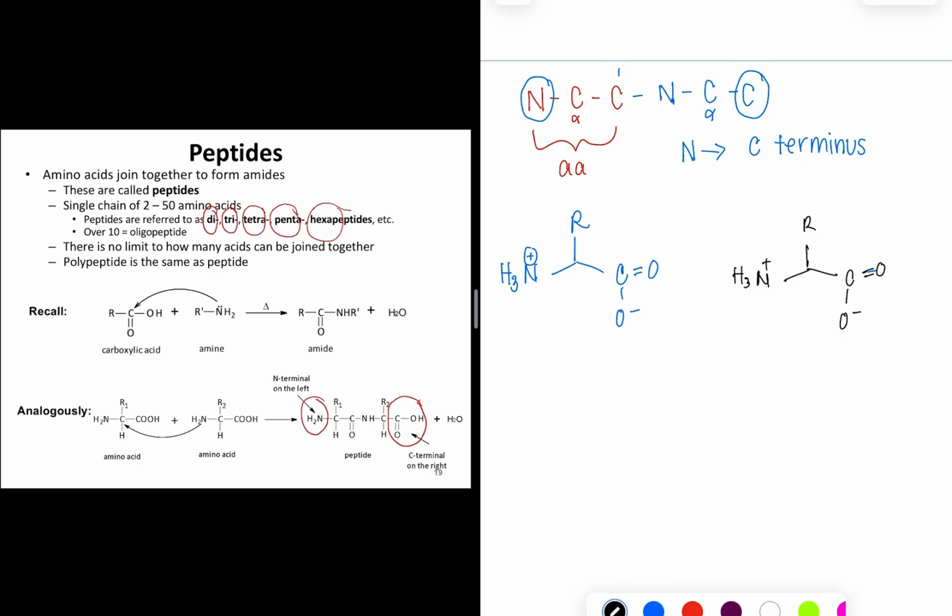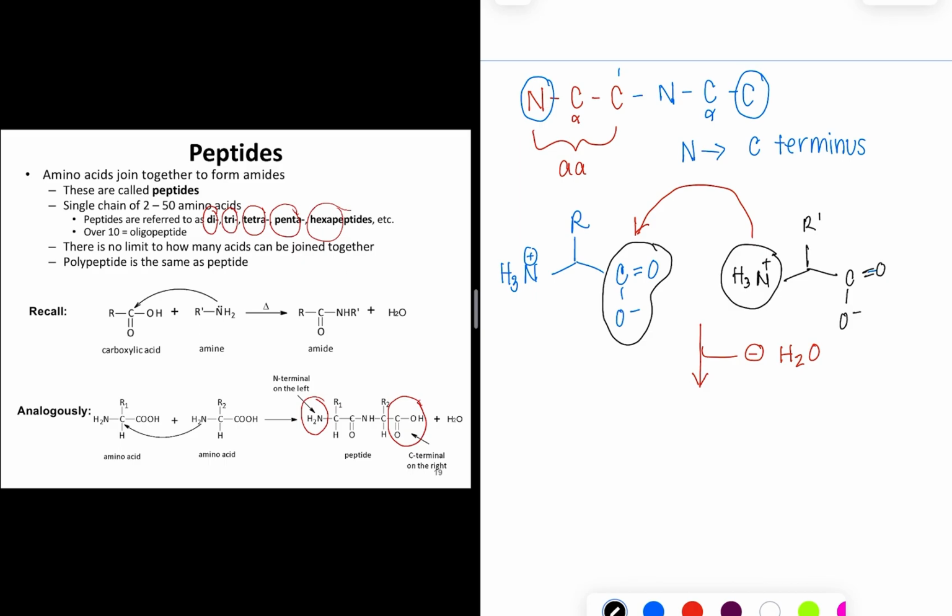Whenever I form an amide bond between the amine group and the carboxyl group of another molecule, the nitrogen part is going to attack the partially positive carbon atom there, and we're going to form an amide bond, and we're going to lose a molecule of water when we form that bond. So let's call this R prime.